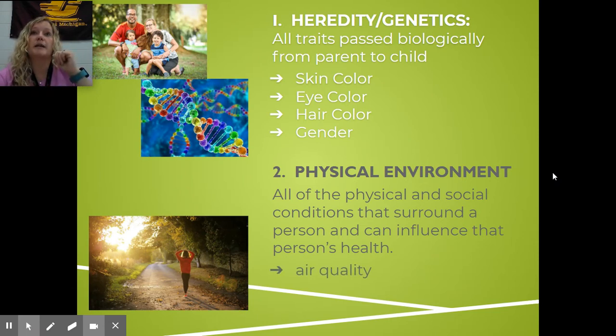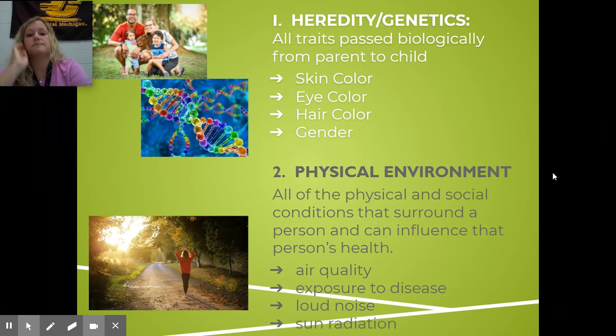If you grow up in an area that has poor air quality because there's a lot of factories around, that can impact your health. If there's a lot of exposure to disease, that could impact your health, if you're growing up in conditions that are not very clean and there's a lot of disease around. And then loud noises, as well as sun radiation.